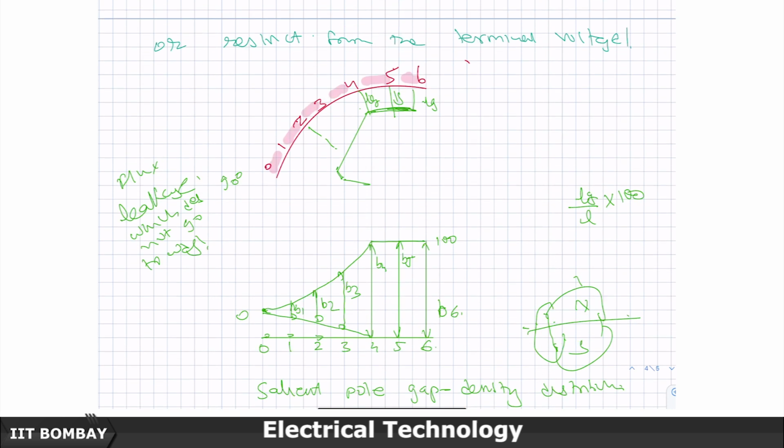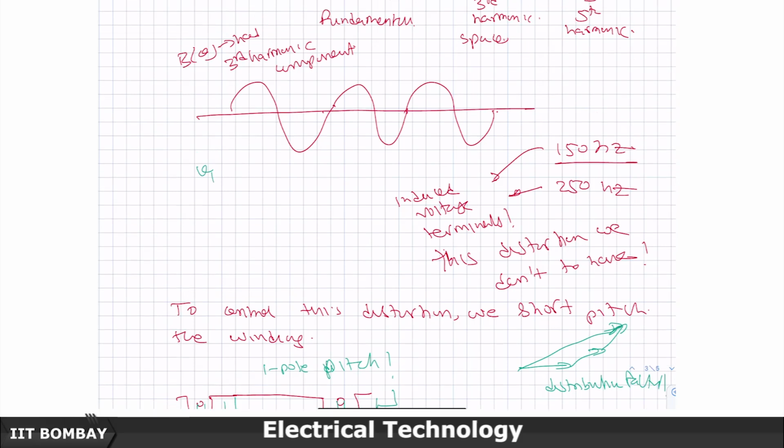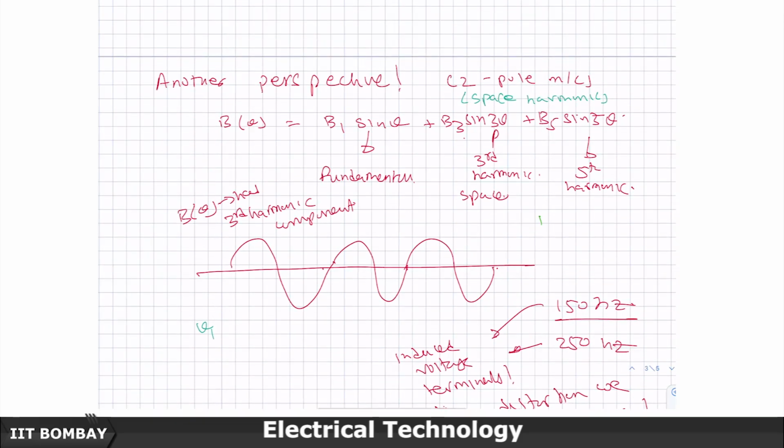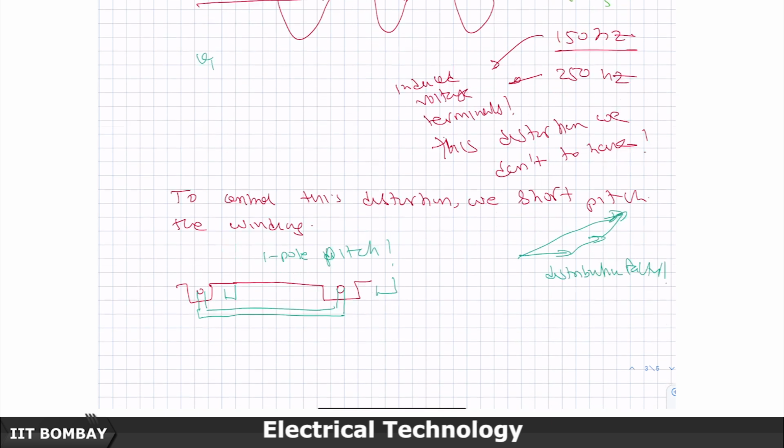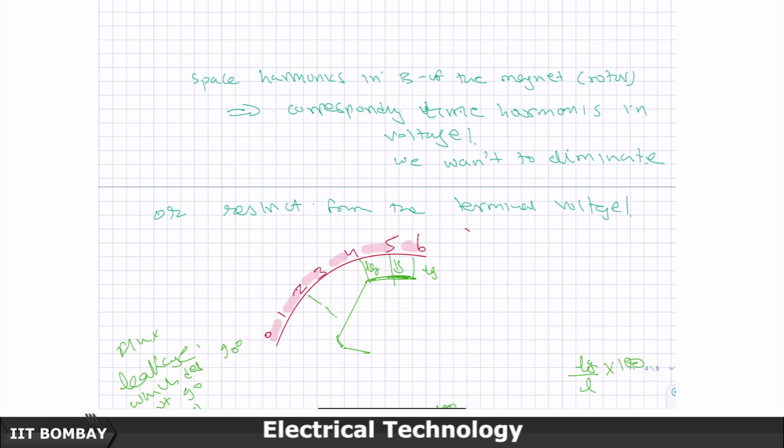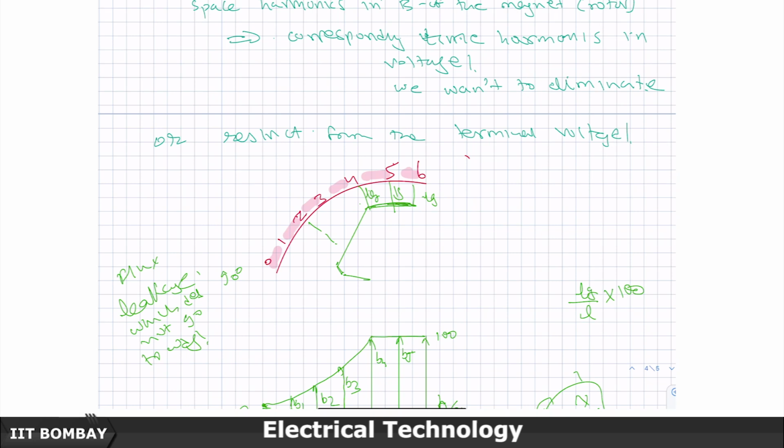So, usually this B3 will be, for example, at least 1/3 of B1, and B5 usually keeps reducing in peak values. The harmonics are there, but if they do not reduce with respect to the fundamental, there is going to be a problem.